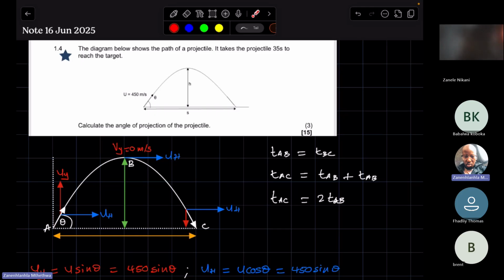What has been given essentially contextualizes the problem statement as well as the question based on the problem statement. It gives you context as to the angle that we want here, which is the angle we get if the projectile takes 35 seconds to move from A to C. Am I making sense here?